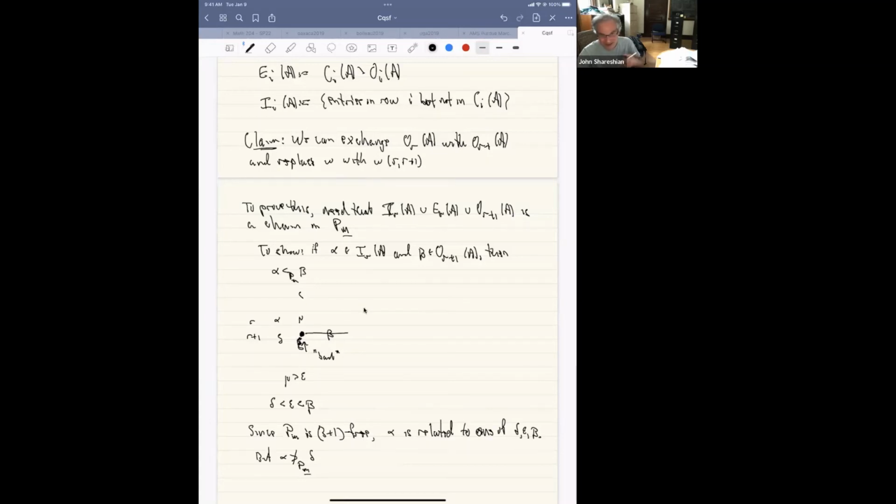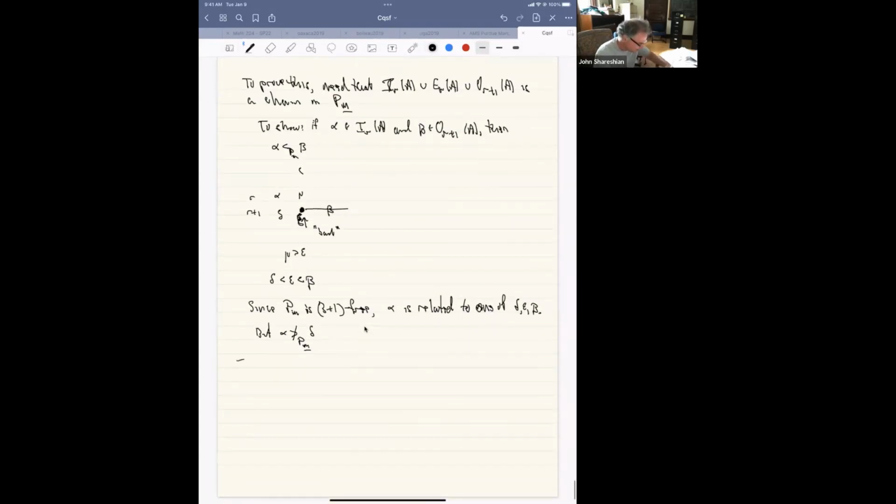So there are details to do, but I think enough is enough. So there's some sign reversing involution. And the last thing is, why does the claim hold? And I think I can do this in 5 minutes.